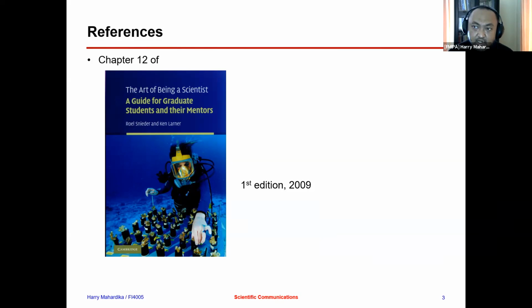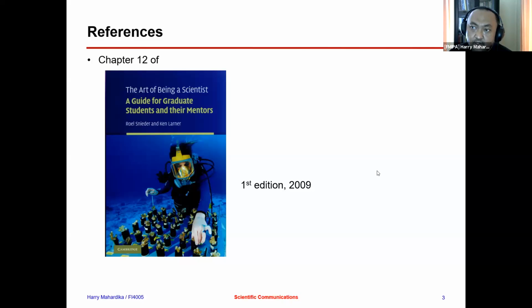Although this book was intended for graduate students, in master's and PhD degrees, to some extent it also applies to those in their fourth year, because in the fourth year you will work on a research project related to your final project. You will interact with your mentor, which in ITB we call pembimbing, who acts as your advisor.